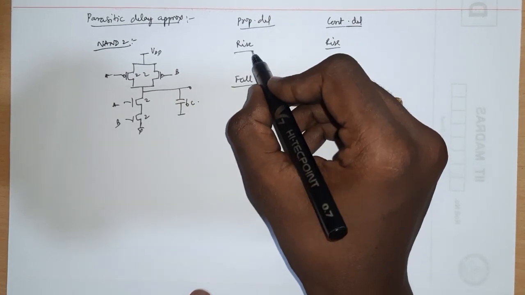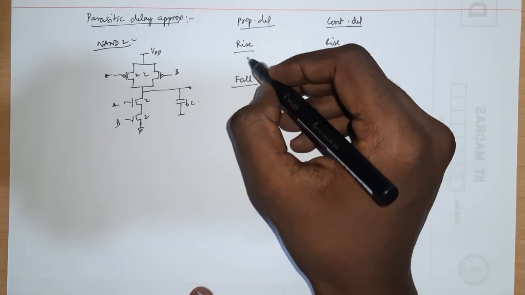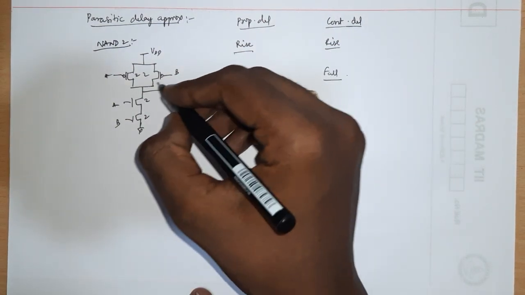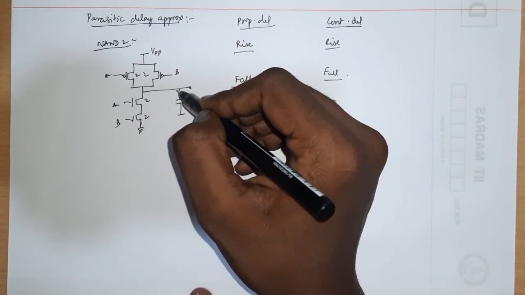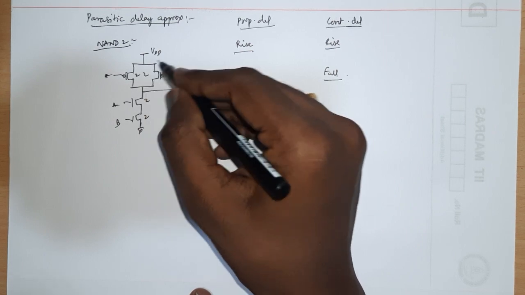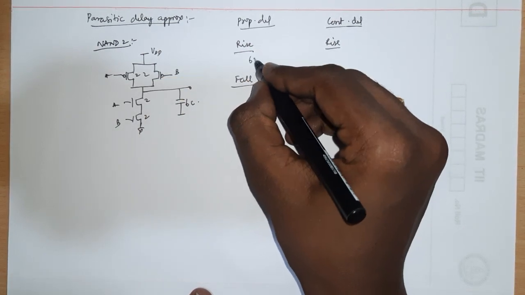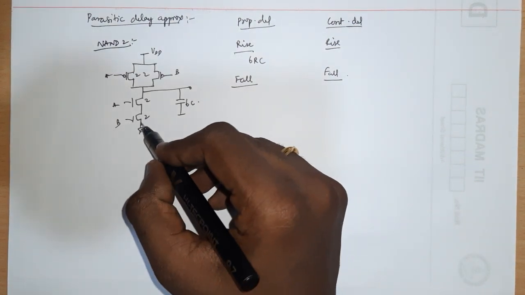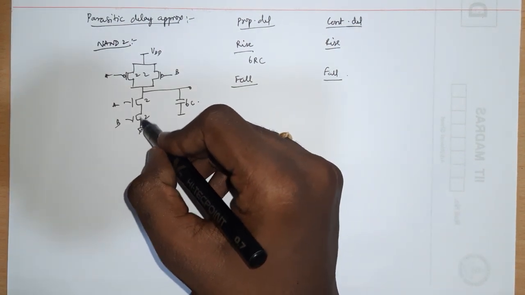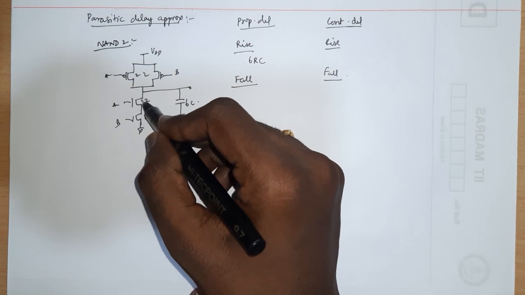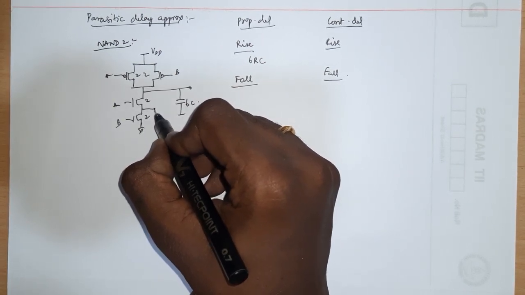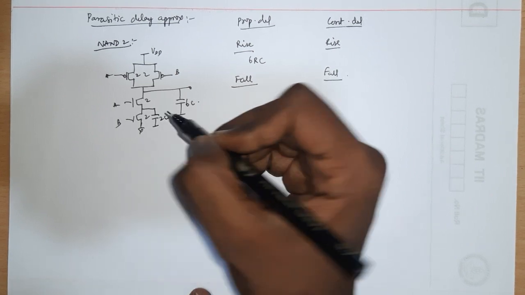Now the propagation delay is the worst case delay, so the rise propagation delay would be basically coming from one of the paths, so R times 6C, so 6RC, and the fall propagation delay is coming from this whole path, so R, and then you will have another 2C here, okay.